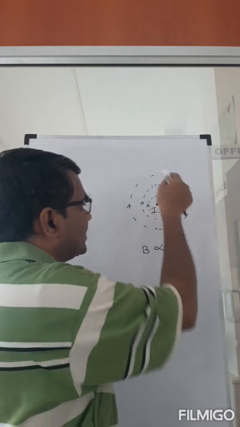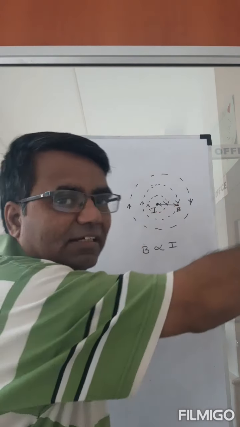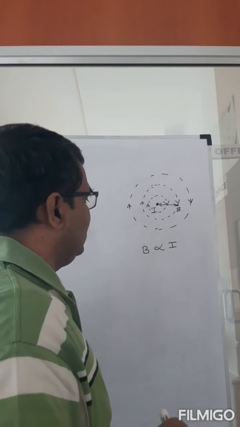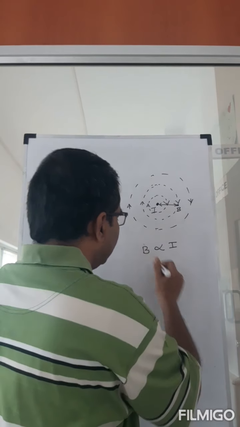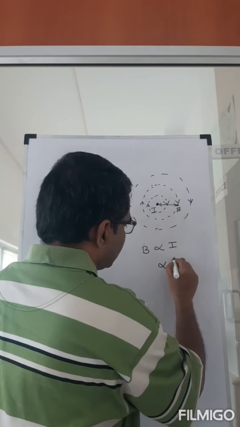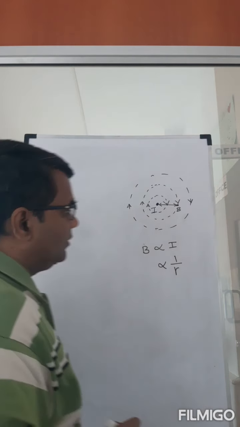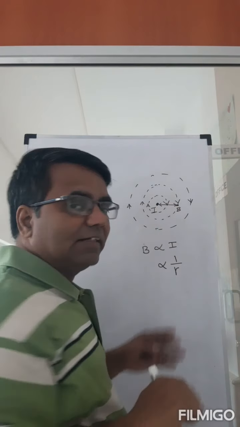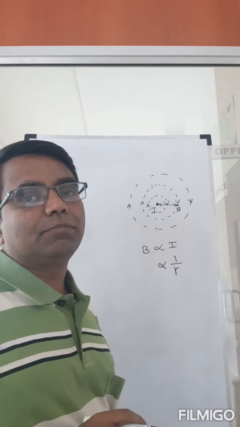Meaning that if I increase the current flowing through that wire, then B at any and every point will also increase. And it was also established that B was inversely proportional to the distance. So the farther you go from I, the smaller the field strength became.